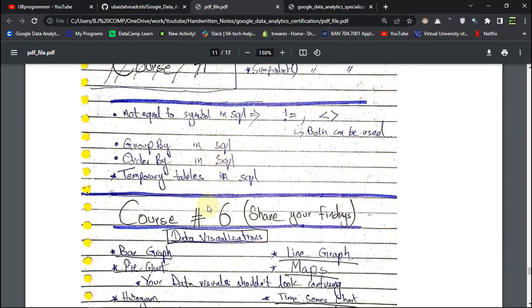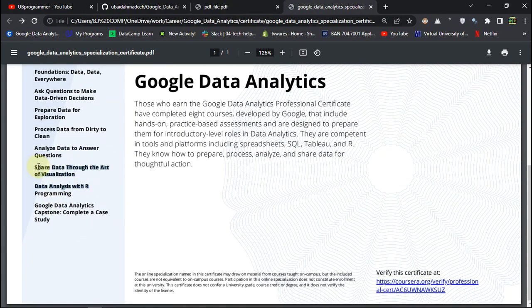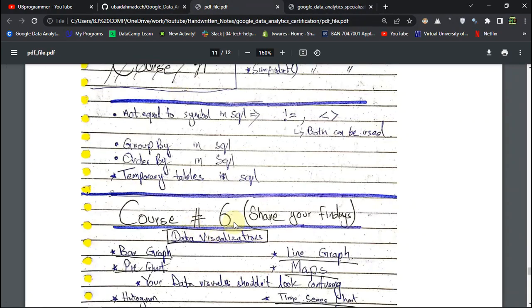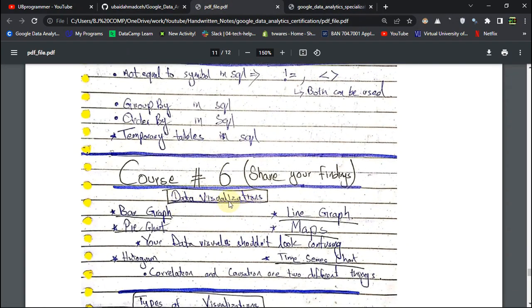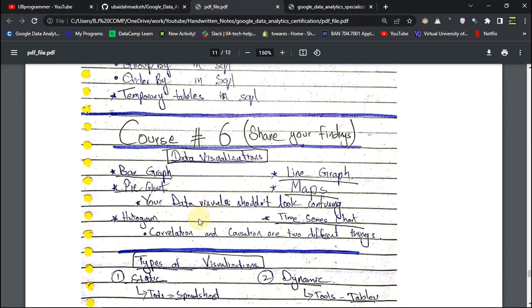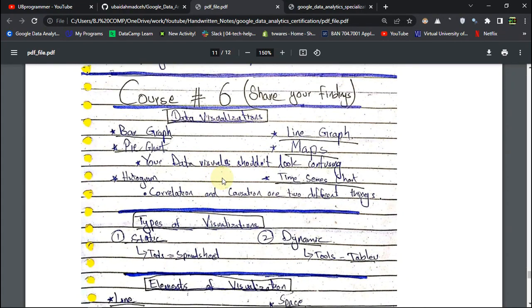And then we have course 6, which is Share Data Through the Art of Visualization. So this whole course is about data visualization, and I would say there is not much practical about this course, but the theory they are explaining is really key to success in the visualization part.